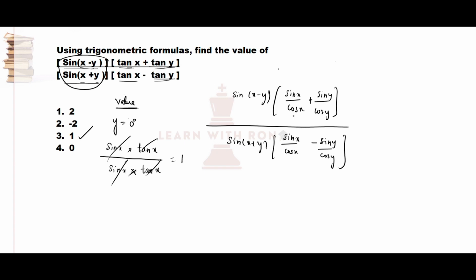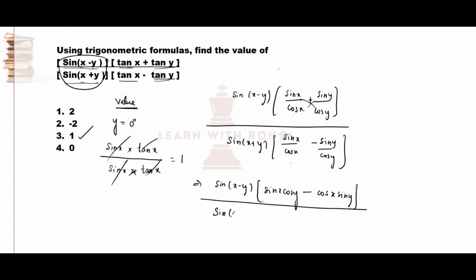If you take the LCM cos x cos y, and here also the same cos x cos y, the denominators get cancelled. So you will be left with sin (x minus y) and cross multiplication, sin x cos y minus cos x sin y. You will get the LCM as cos x cos y, and here also cos x cos y, both will get cancelled.